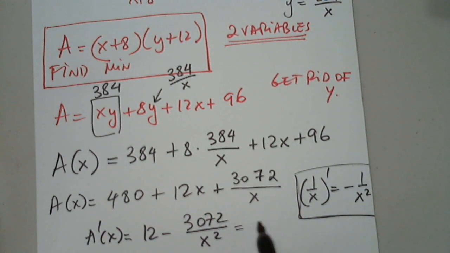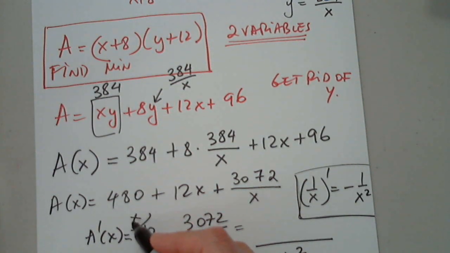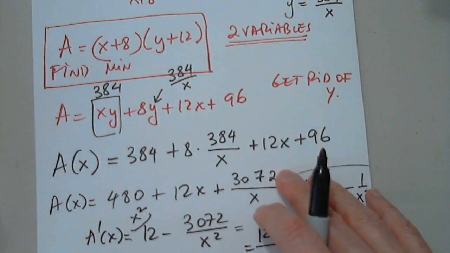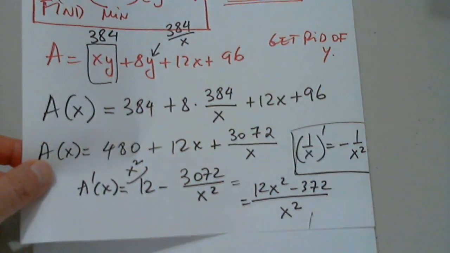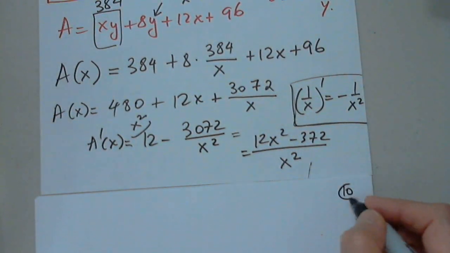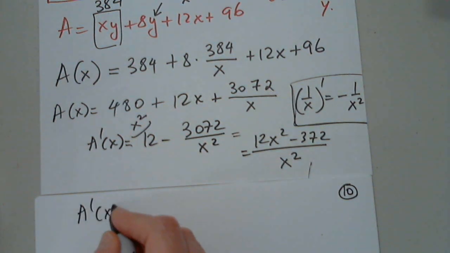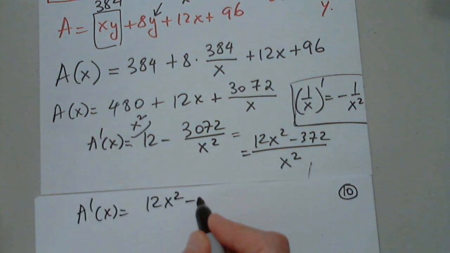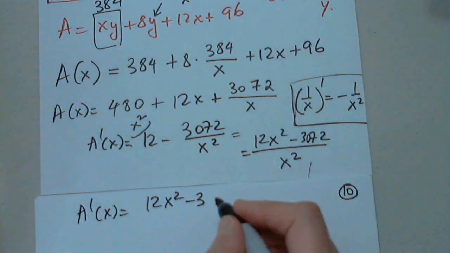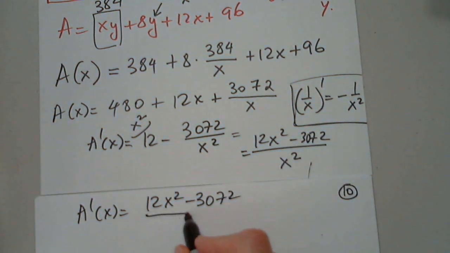I have to find the least common denominator, which is x squared, and multiply by x squared. I'm going to write the function again here, on page 10. So A prime of x equals 12 minus 3072 over x squared.